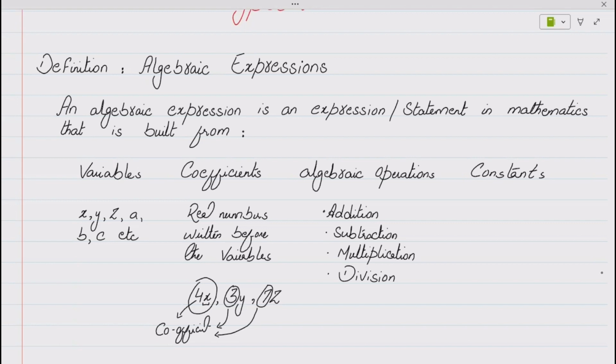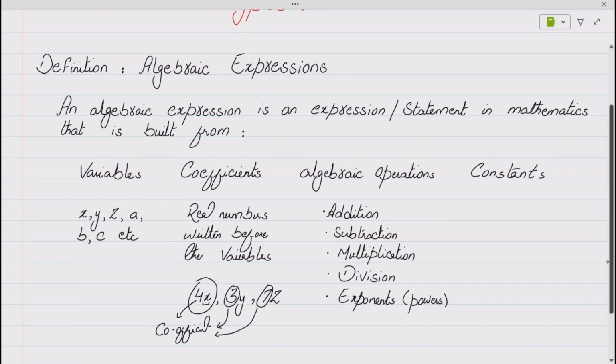So why did I write algebraic operations? I explicitly wrote algebraic because there is one more thing, which is exponents, i.e. powers. So an algebraic expression includes addition, subtraction, multiplication, division, and powers of the variables.